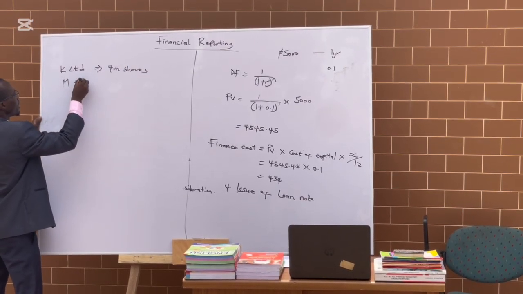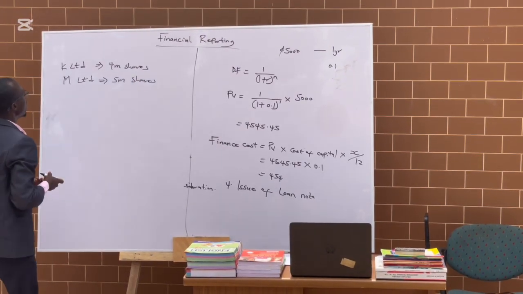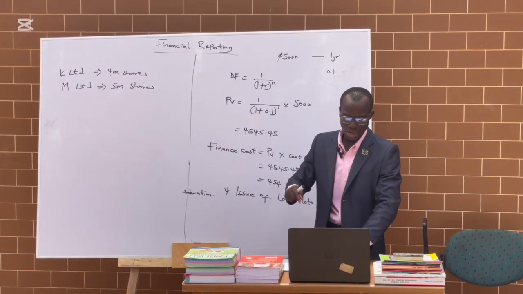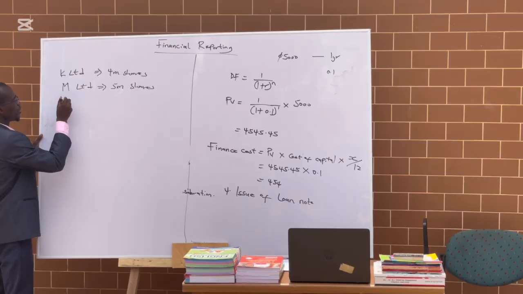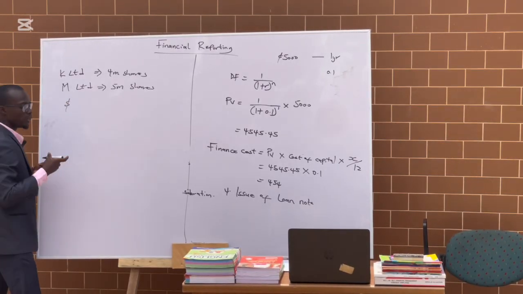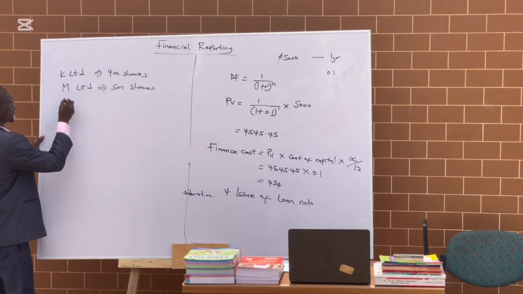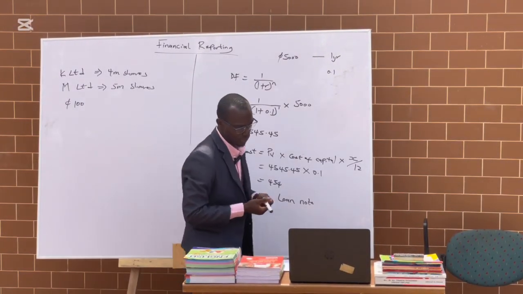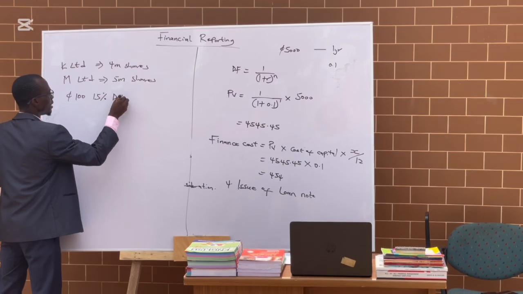M Limited has 5 million shares, and K Limited has acquired 4 million of it.